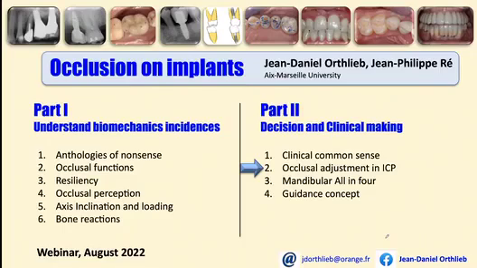It is integration of the crown into the natural ICP of the patient, so it participates in the stabilizing occlusal function. If the crown is too high, it is a supra-occlusion, and we cannot have contact on the other teeth. And the patient says, oh, there's something wrong here. They're too high.